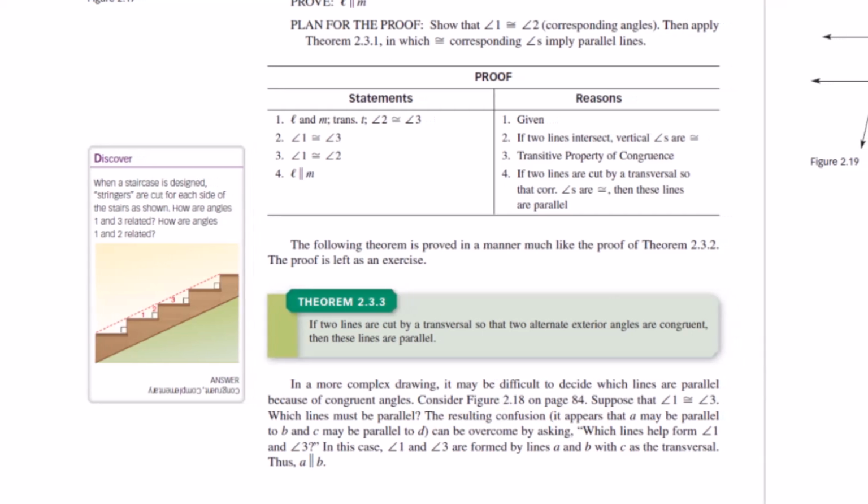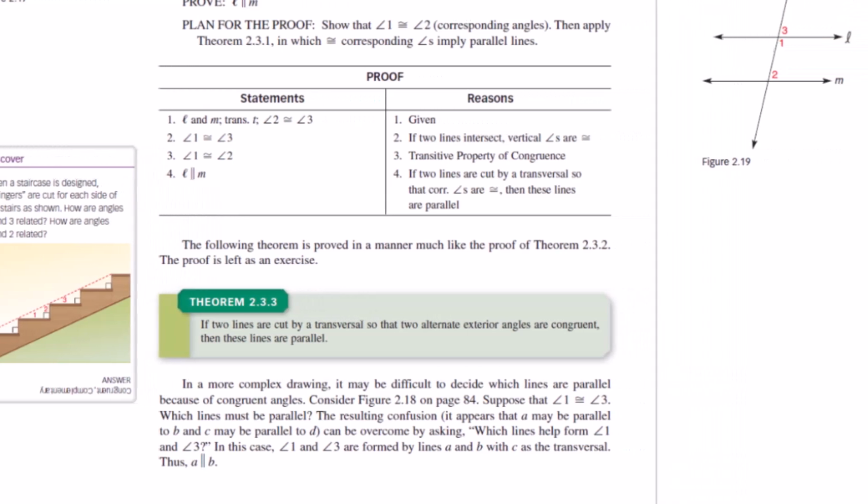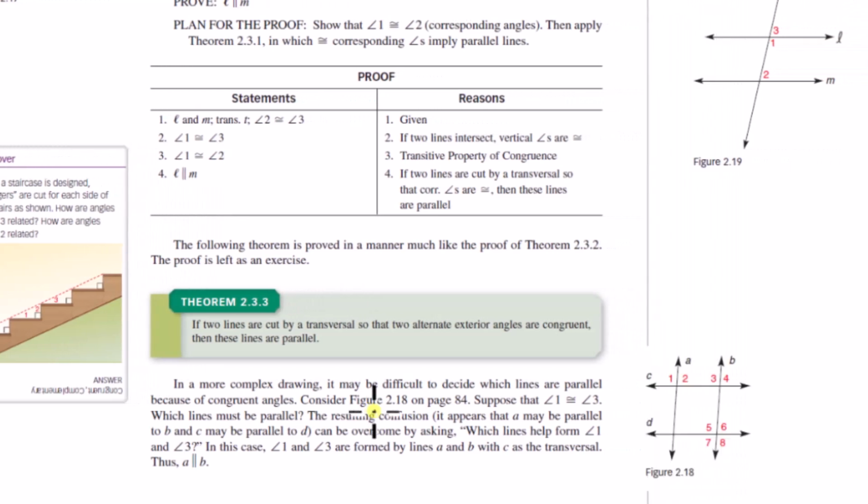Let me bring this figure down. Okay, so yeah, they're saying it can be difficult to decide which lines are parallel because of similar angles here. Suppose that angle 1 is congruent to angle 3. Which lines must be parallel in that case?